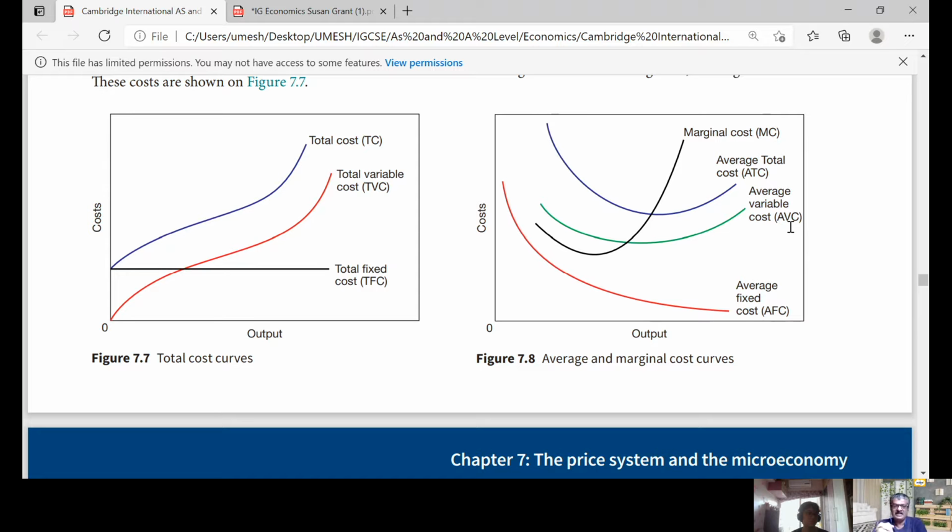Only thing, marginal cost. Marginal cost is the cost incurred by a firm for producing an additional unit of total output.